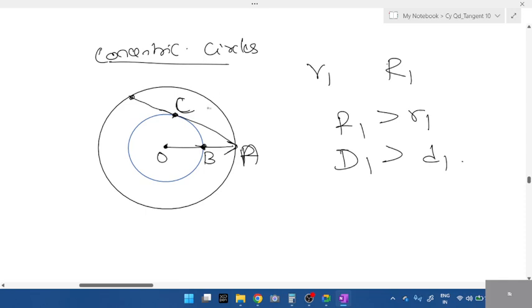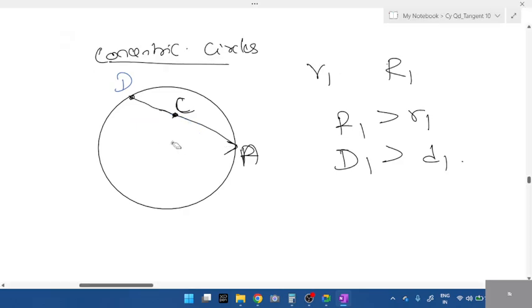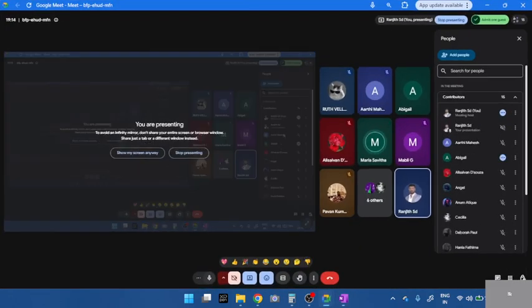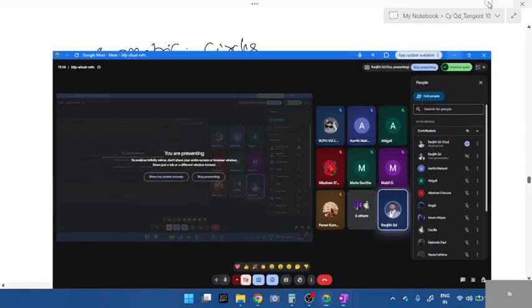Inside. So that becomes what, tangent or chord? Isn't it a chord? Yes, it's a chord. So according to the size, all the concepts will change.